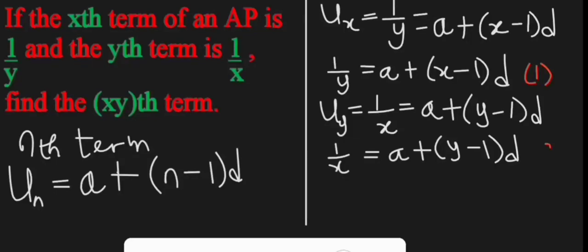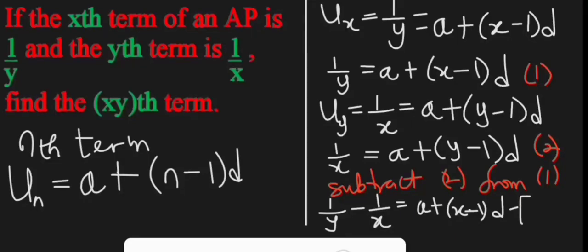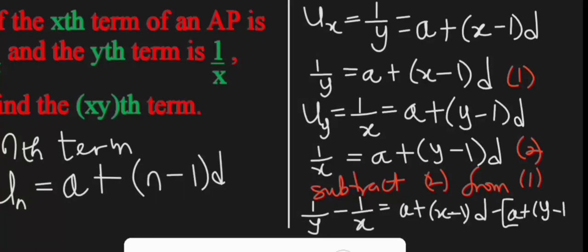We're going to label this equation 2, and let us subtract equation 2 from 1, which means we are going to have 1 over y minus 1 over x to be equal to a plus (x minus 1)d, and from it we'll be subtracting a plus (y minus 1)d.